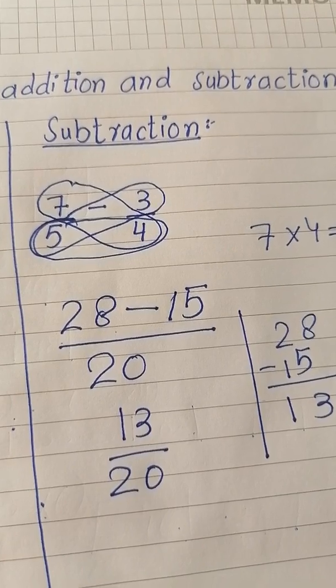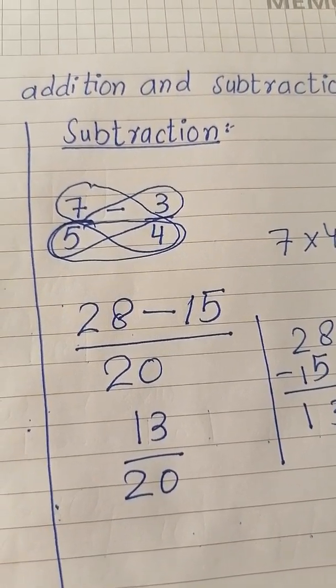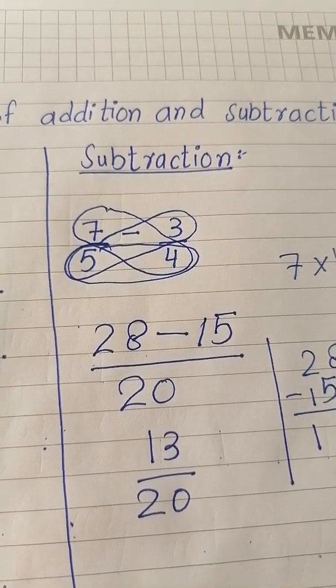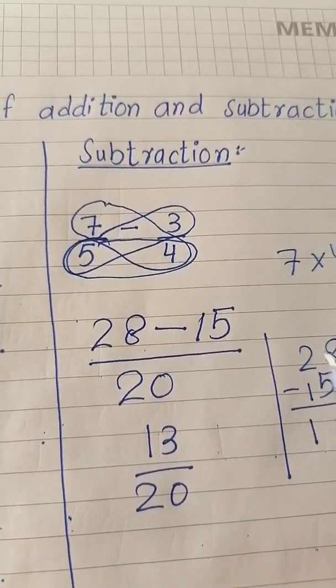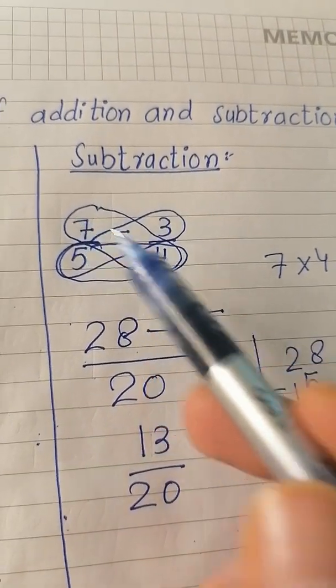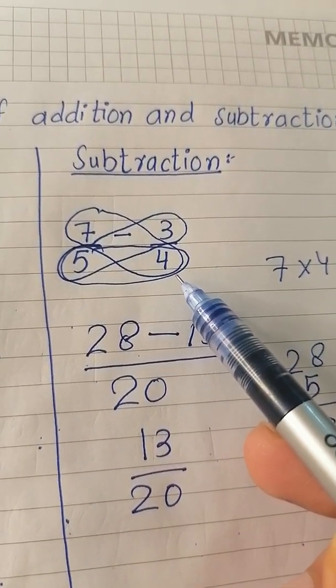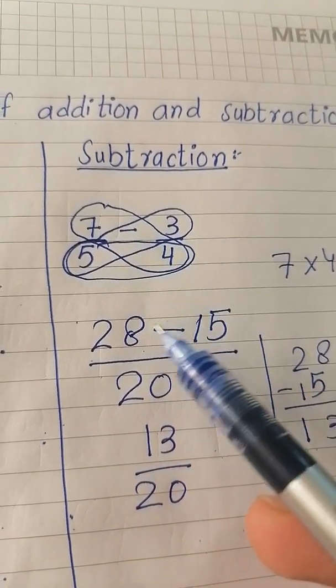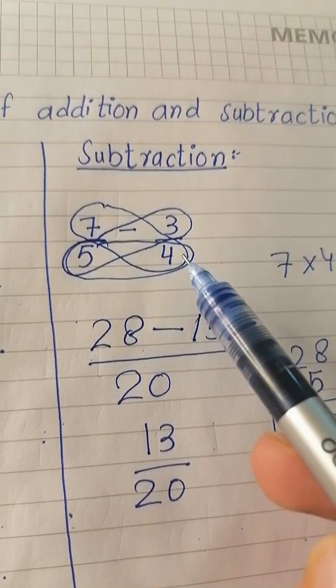We had the 2 fractions, 7 by 5 minus 3 by 4, and we subtracted them with the help of the butterfly method. Once again I will repeat how we did it. 7 multiply 4, the left numerator with the right denominator. Then in the middle we have this minus, so between these two fractions put minus.